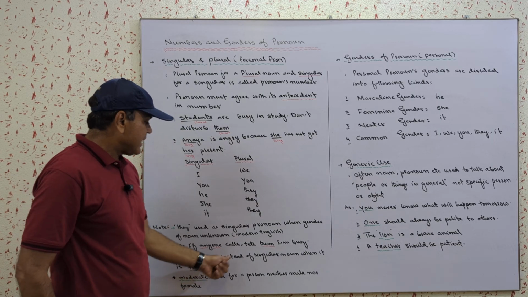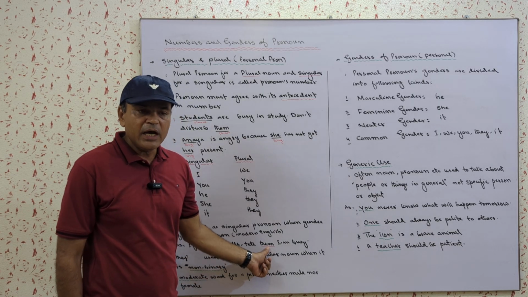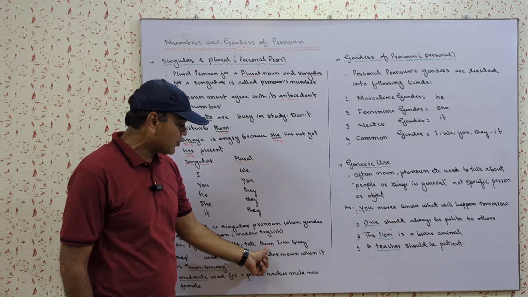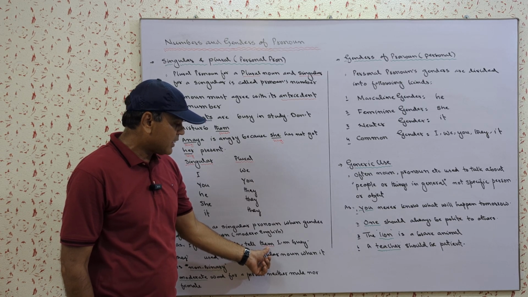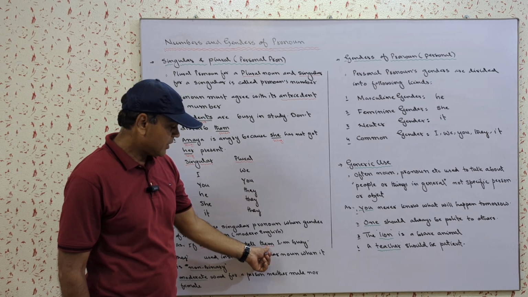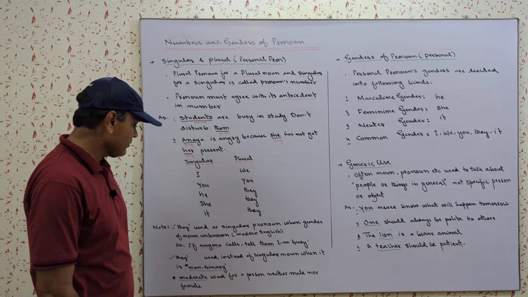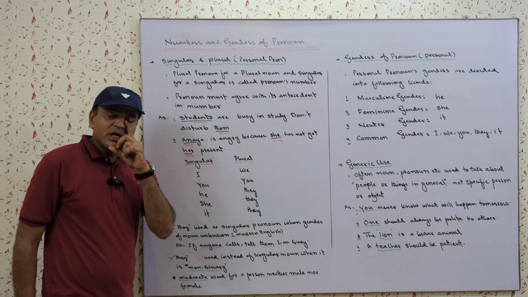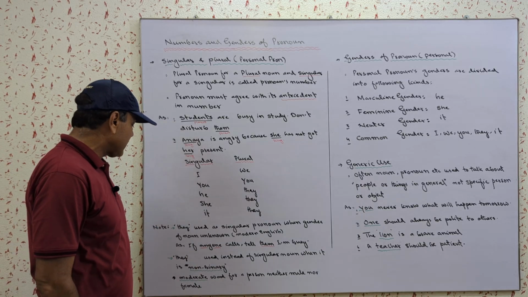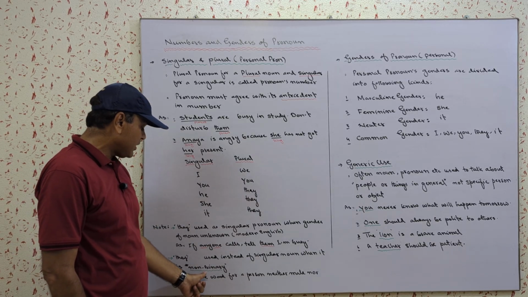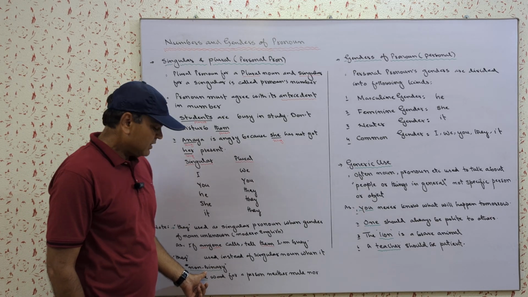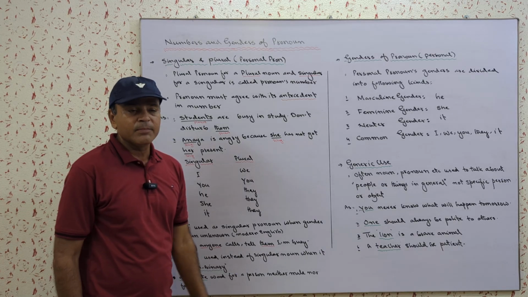If I am saying tell him I am busy, I am making gender discrimination, and in some places it is a crime in the UK when you are making gender discrimination. The other use of they in the sense of singular is when the noun is non-binary. This is actually a moderate term.